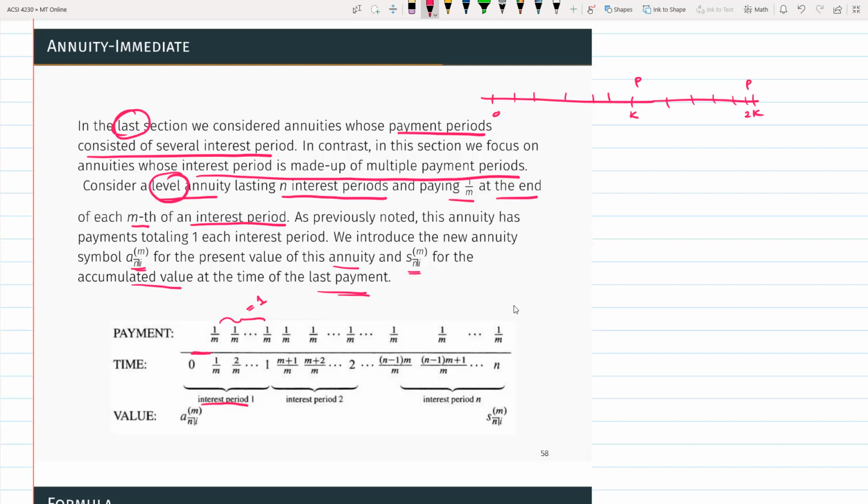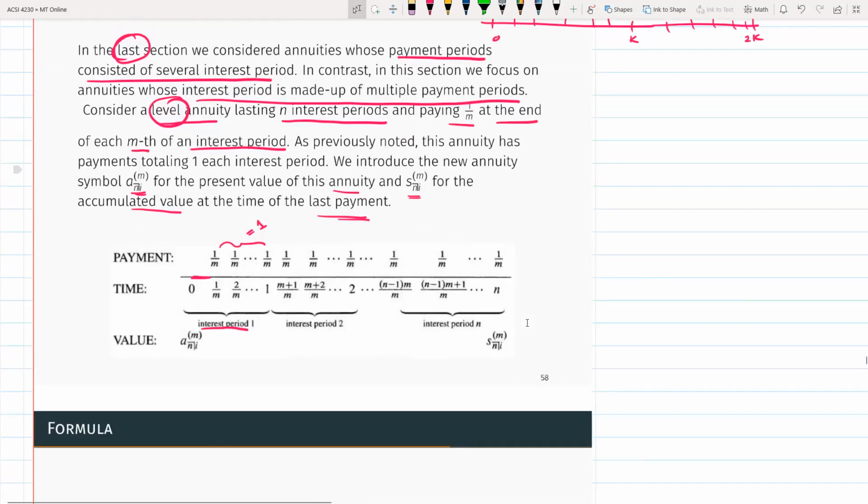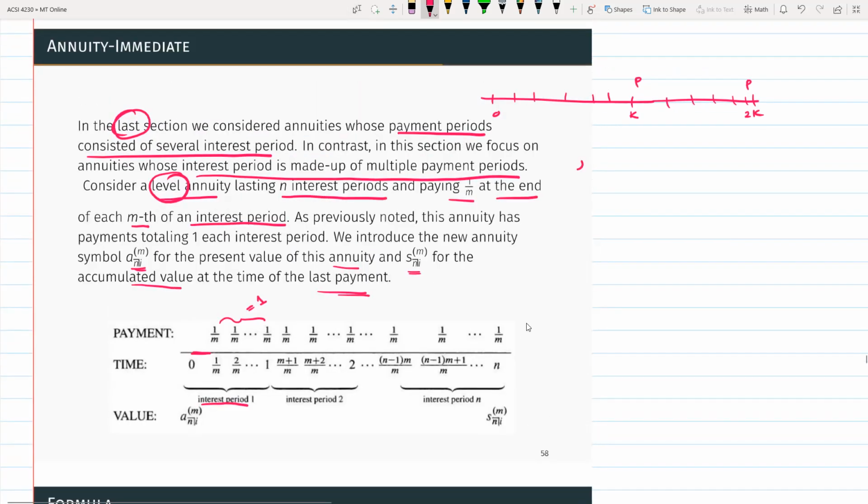Let's assume I denotes the effective interest rate per interest period. It can be 1 year, 6 months, or 1 month, but whatever this interest period is, let's assume the effective rate is I.